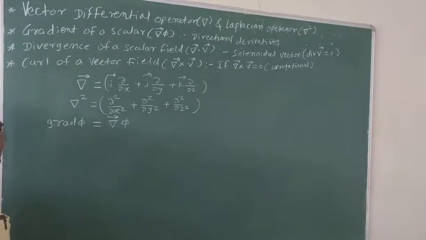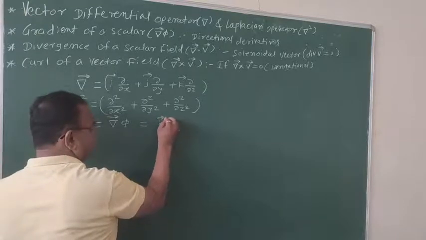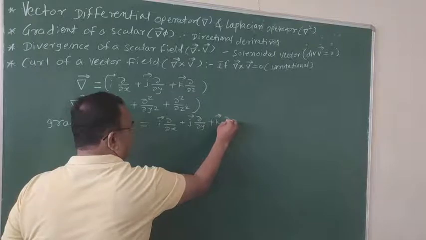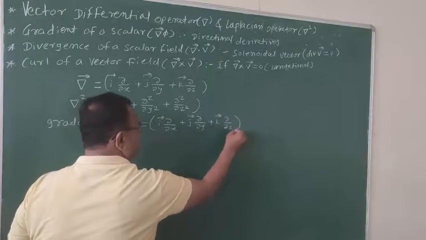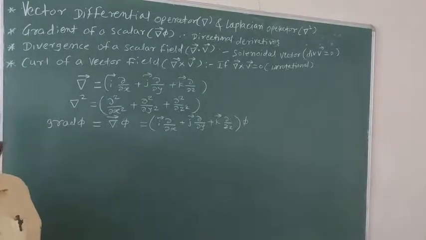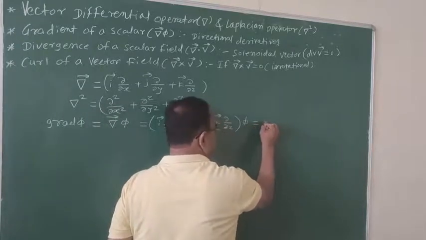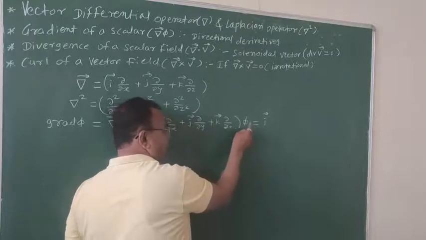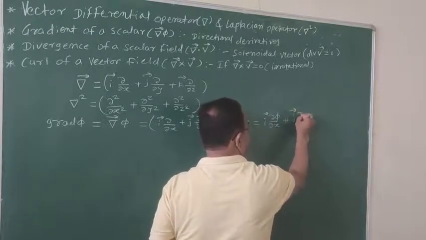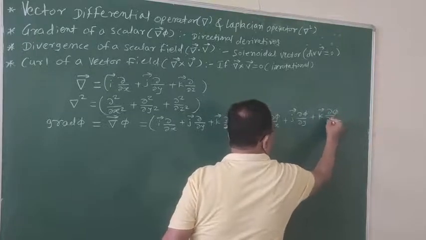Putting the value of del bar, the del operator, i bar delta by delta x plus j bar delta by delta y plus k bar delta by delta z operating on the scalar field phi, the gradient of phi can be written as i bar delta phi by delta x plus j bar delta phi by delta y plus k bar delta phi by delta z.